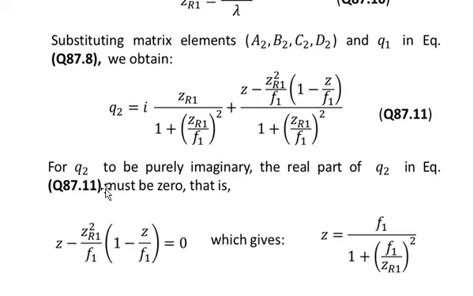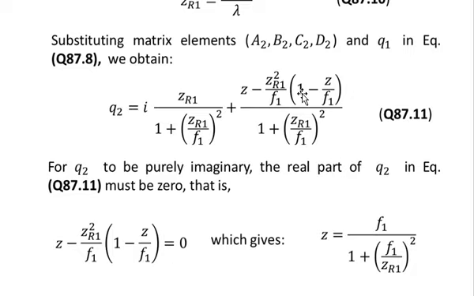Now you see that for Q2 to be purely imaginary, the real part of Q2 in equation number 11 must be 0. So we are setting the real part equal to 0, and from that we get the numerator: Z minus ZR1 squared over F1, and then within the parentheses we have 1 minus Z over F1, equal to 0.